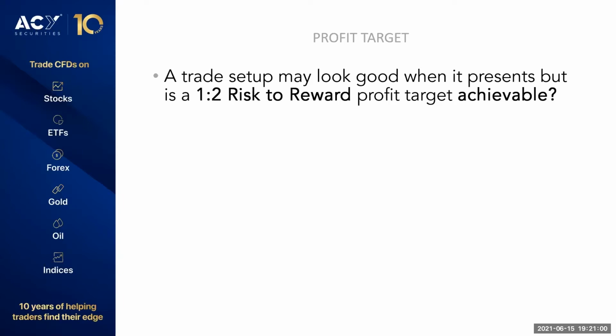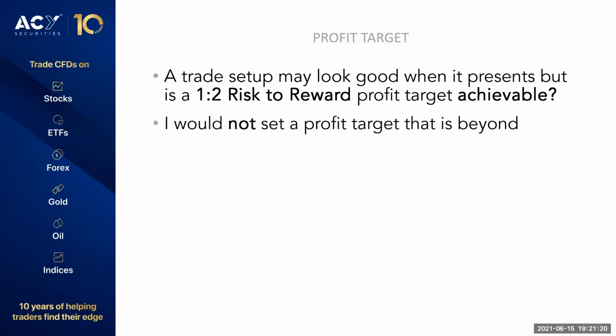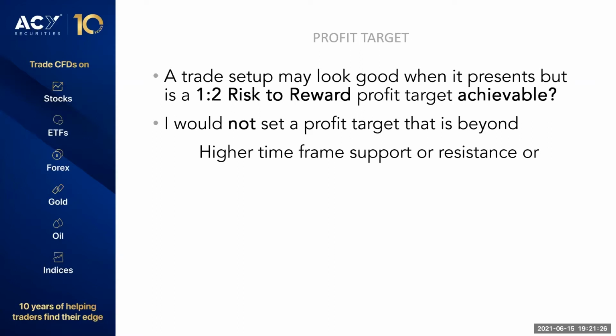So a trade setup might look good when it presents to you, but is a 1 to 2 risk reward profit target achievable? So we see a trade setup and we think, oh, this looks great. And we just take it. We're not considering everything before we take the trade. So I would not set a profit target that is beyond high time frame support or resistance.